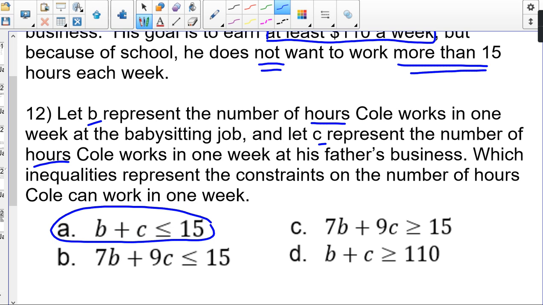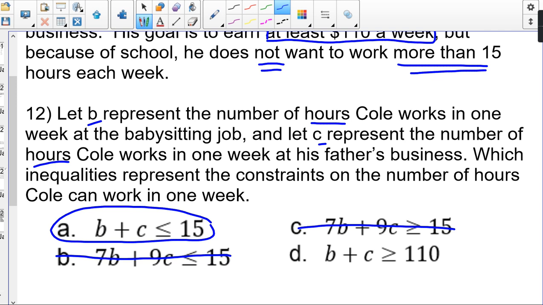7B plus 9C should be less than or equal to 15. Once we take that rate, $7 times the hours babysitting and $9 times the hours of clerical work, we're talking about the money, right? So it should be 110 for the total. Okay, so this is not correct. This is not correct either, choice C, because it doesn't say 110.